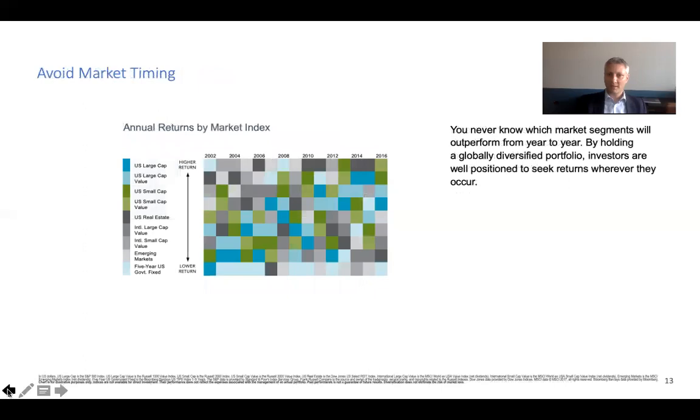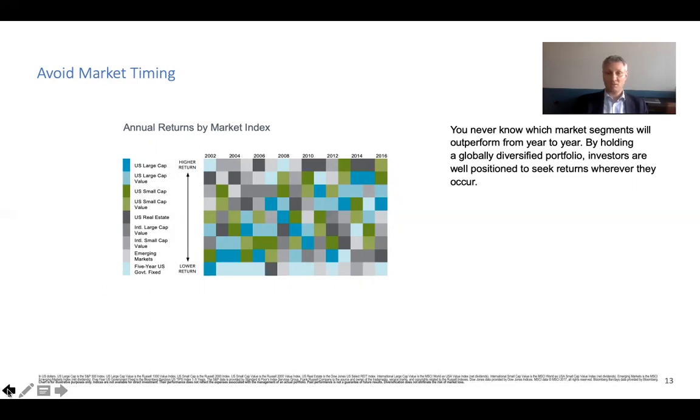And avoid market timing. So this will come on to human behavior very shortly, but you can see just by that matrix where all of those colors were representing the asset allocation on the left, so US large cap, real estate property, international large cap, international small cap, emerging markets. These are all indexes or concentrations around the world of shares, and they just put it into a particular index.